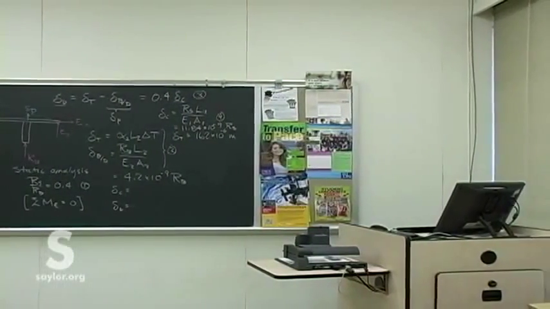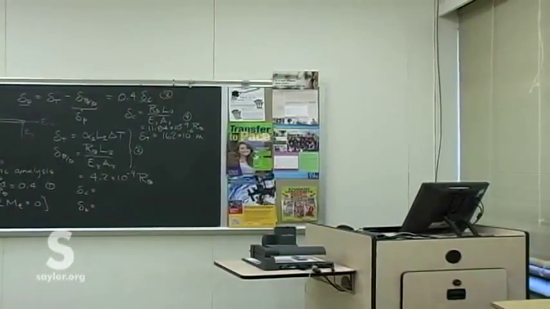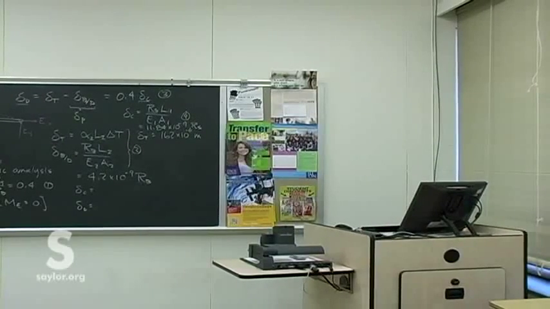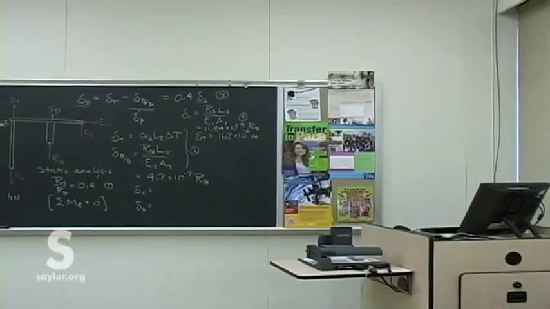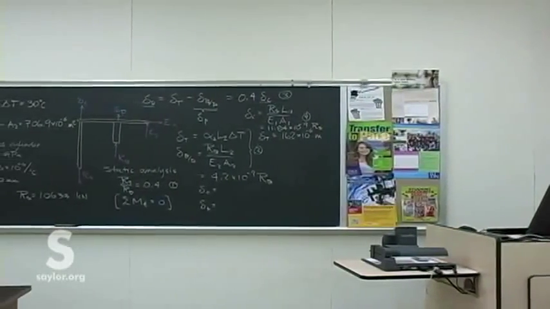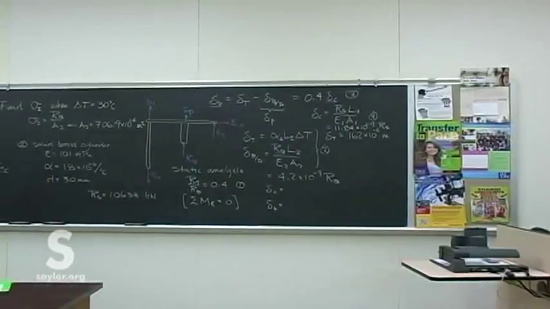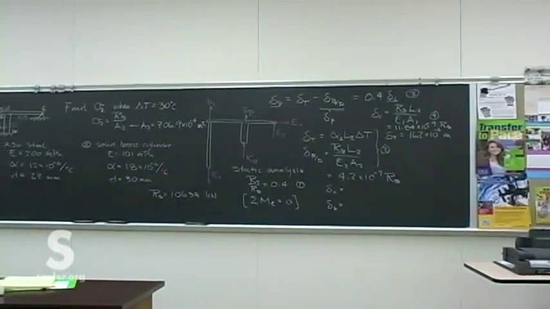Oh, point C. Point C, that's right. For del C, I have .315 millimeters.